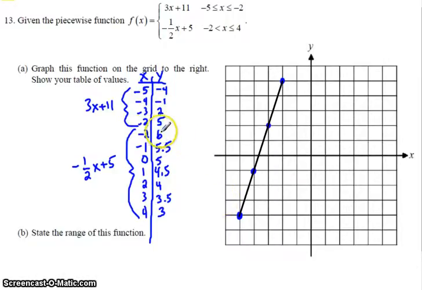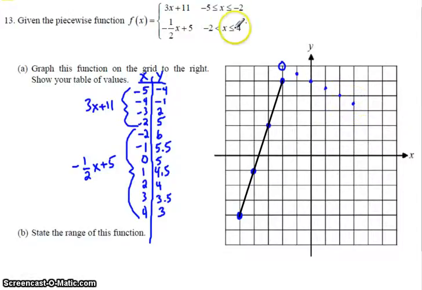So I'll plot these. Negative 2, 6 is going to be all the way up here just above this point, but since this was strictly less than, I'm going to make this an open circle. Then negative 1 is 5.5, zero is 5, and I'm going down a half each time until I get to 4.